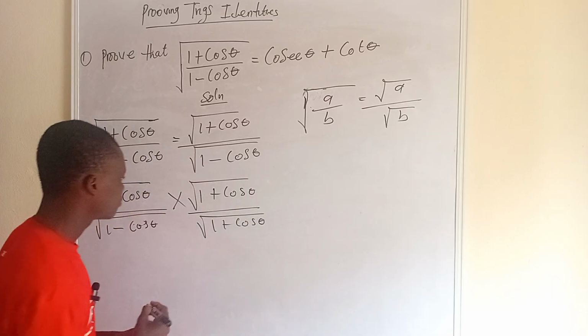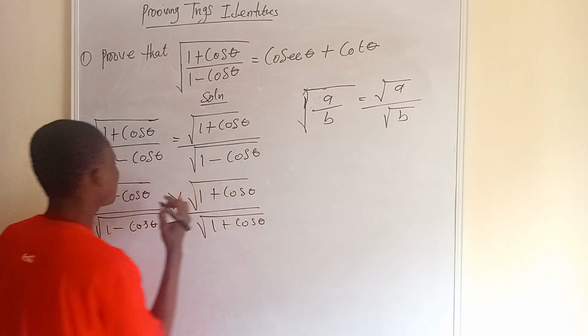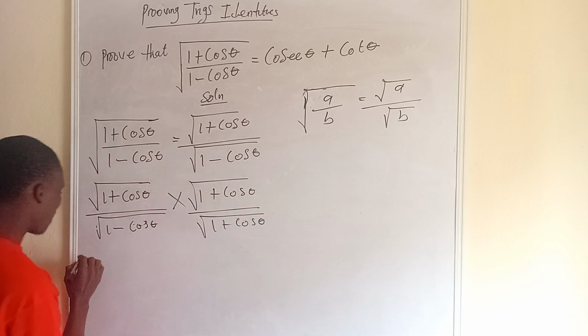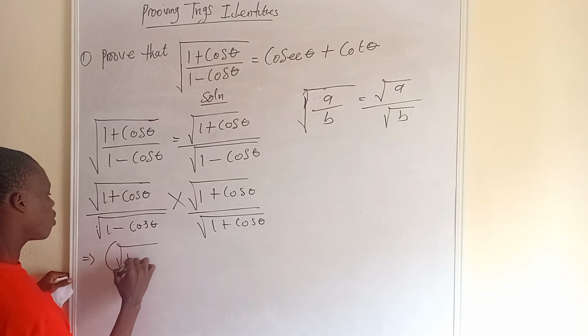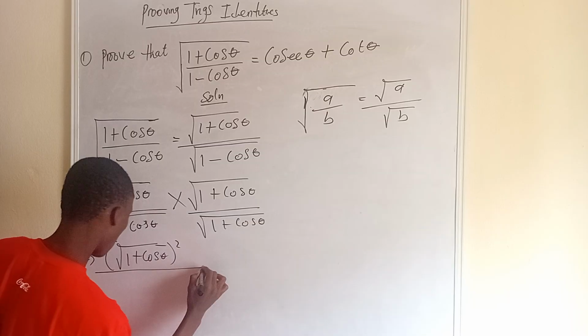All right, let's proceed. From here now we can say that this multiplied by this, since they are the same thing, gives us the square root of (1 plus cos theta) all squared all over.